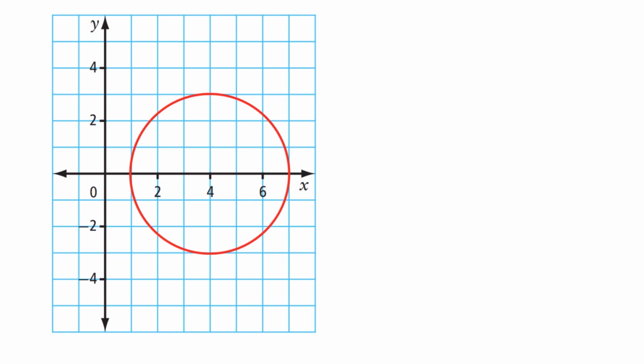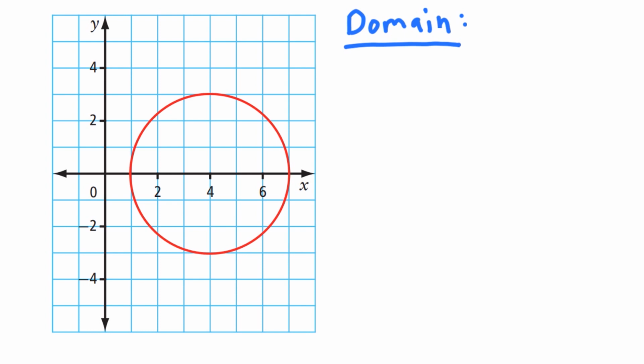Here's another graph, but we can also figure out what the domain and range is. We just want to know from the lowest to the highest for the x values and the lowest to the highest for the y values. So again, I'm going to start with domain. Notice this is not a straight line, this is a circle, but we can still do it. With domain, we're dealing with the x values, so we're looking at just the x-axis.